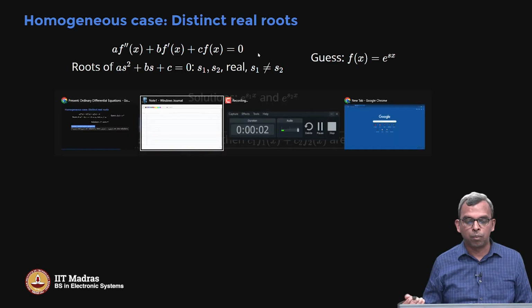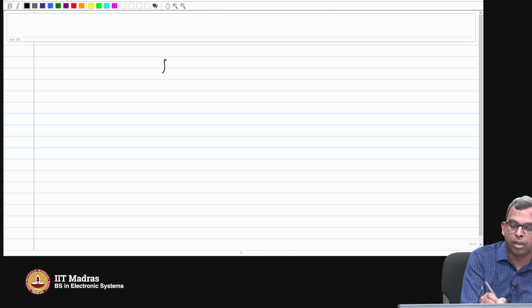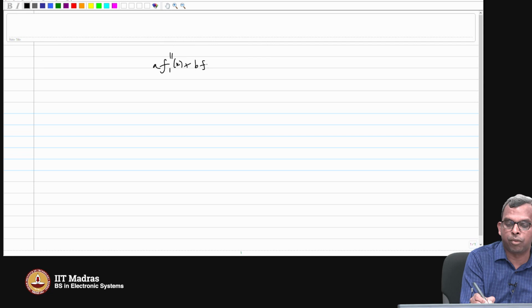You'll see that. So supposing a times f1 double prime of x plus b times f1 prime of x plus c times f1 of x equal to 0, and a times f2 double prime of x, and so on.